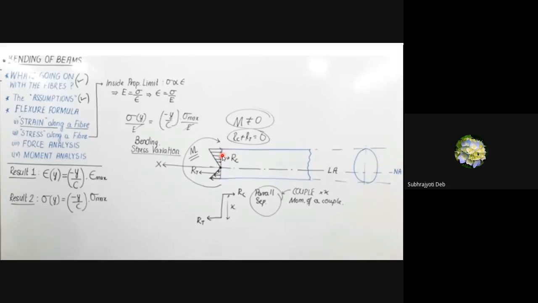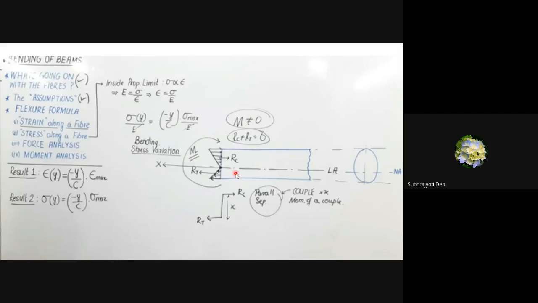So there will be a resultant of compression. So this is RC. And in the bottom fiber, similarly, all the fibers will go to tension. So there the resultant will be, let us consider it as RT. So your RC plus RT, the resultant of compression as well as tension, the summation will be 0. But the moment generated will not be equal to 0.